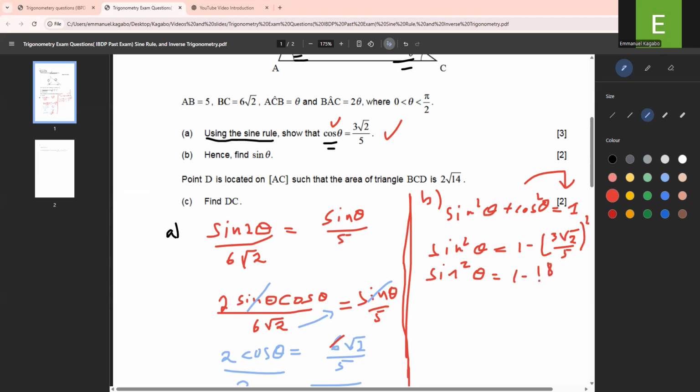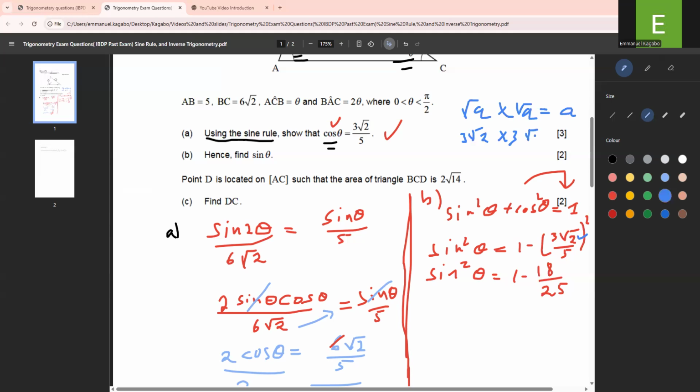I hope you understand the way I've done the question so fast, right? Because it's going to be square root of 2 times square root of 2. I hope you know that. Square root of a times square root of a is a. So which is 3 square root of 2 times 3 square root of 2.